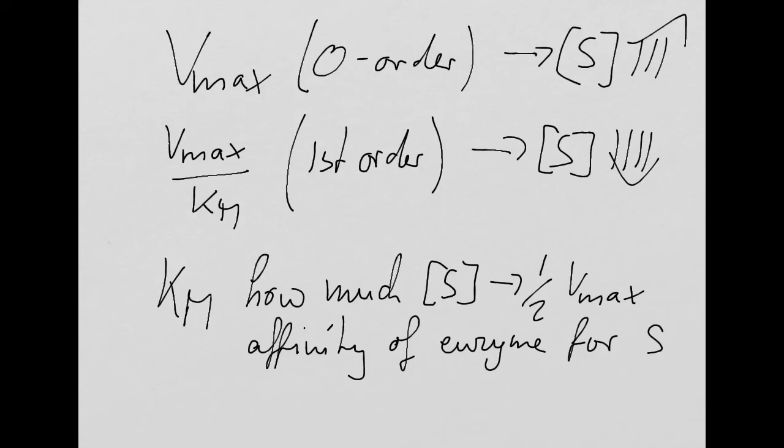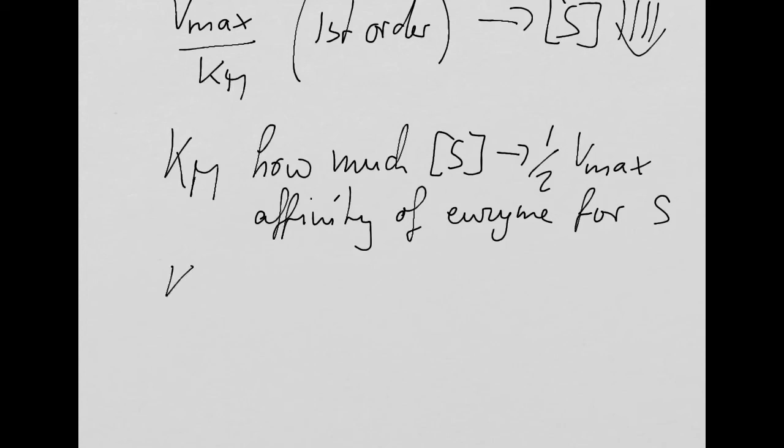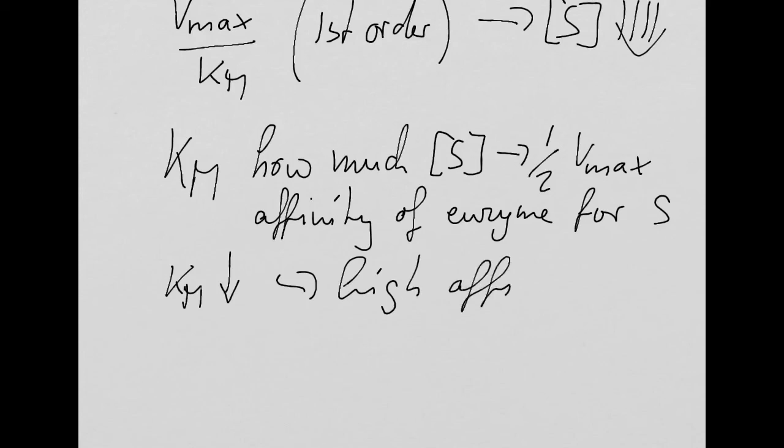Km low, this means high affinity. I love the substrate. Km high, I need lots of substrate to get it going, means low affinity.